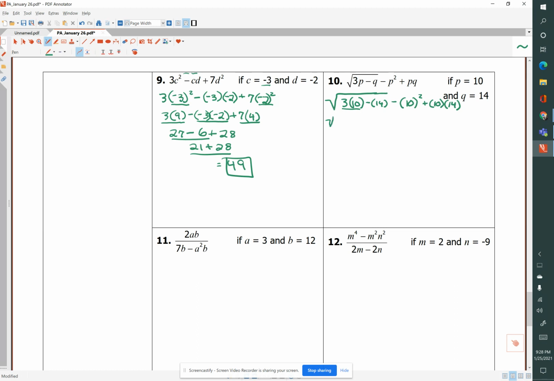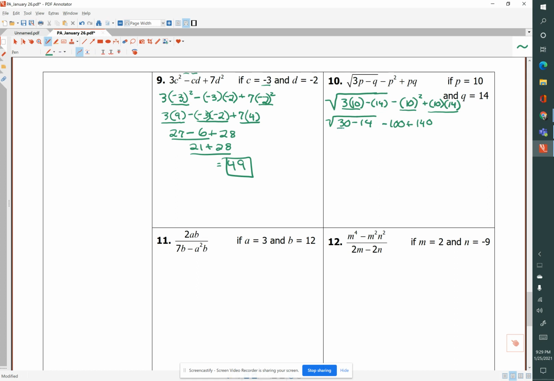So we have the square root of 3 times 10, which is 30, minus 14. We can also do this exponent, minus 10 times 10, which is 100, plus, and we can do this multiplication, 10 times 40, which is 140.